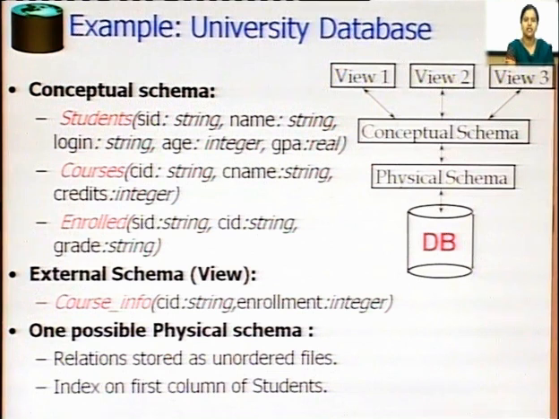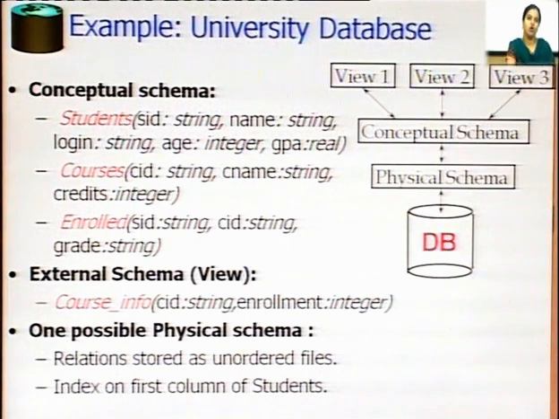Here we took up an example of a university database where the conceptual data is students: SID, name, login, age, GPA, and there are courses: course ID, course name, credits, and there is enrolled: student ID, course ID and the grade. And at the external level, this is only the course information, and one possible physical schema is relations stored as unordered files and indexes on the first column of the relation.